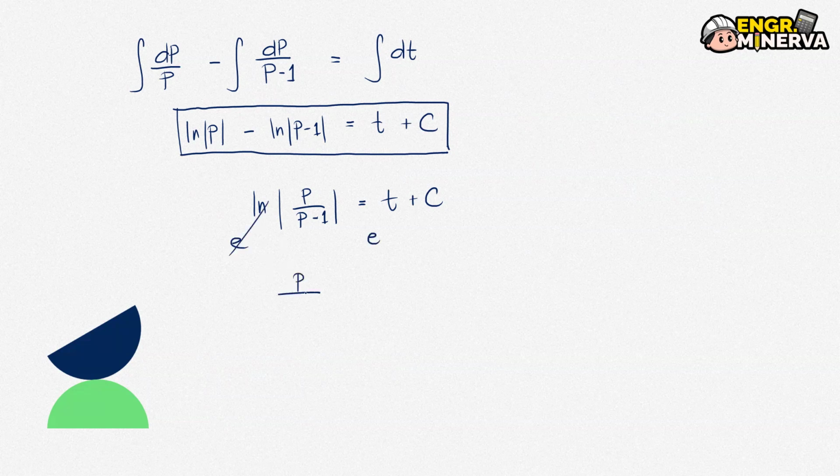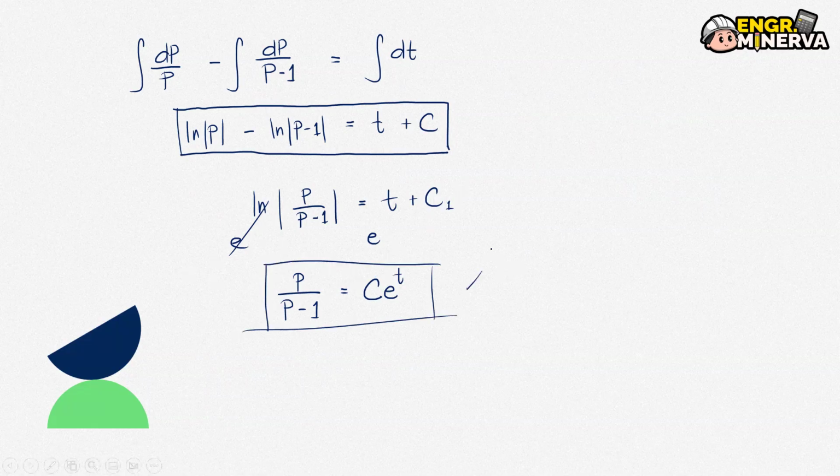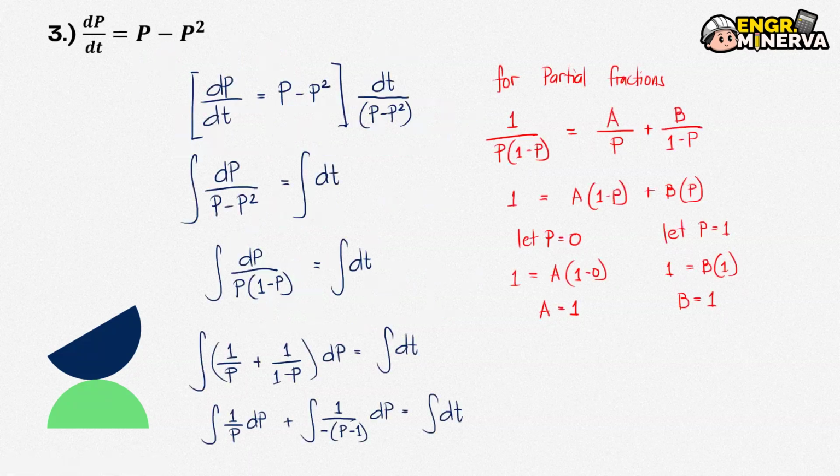That would be p over p minus 1 equals C e to the t. I'll just skip the same process that we have in example number 1. So again, it can be this answer or this one on the bottom. We have solved 3 problems already.